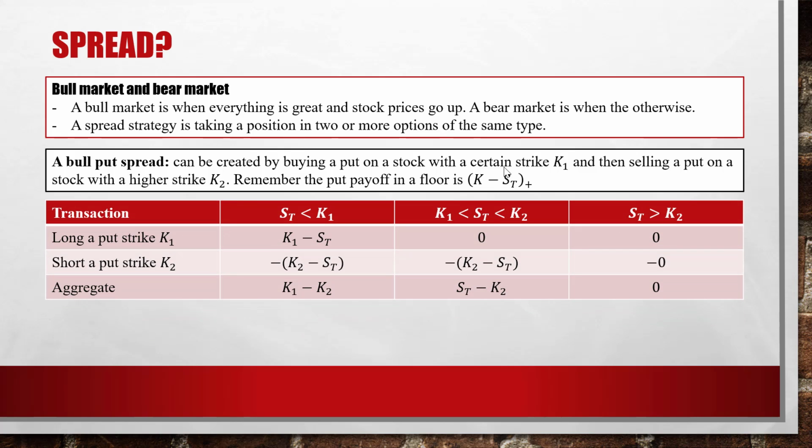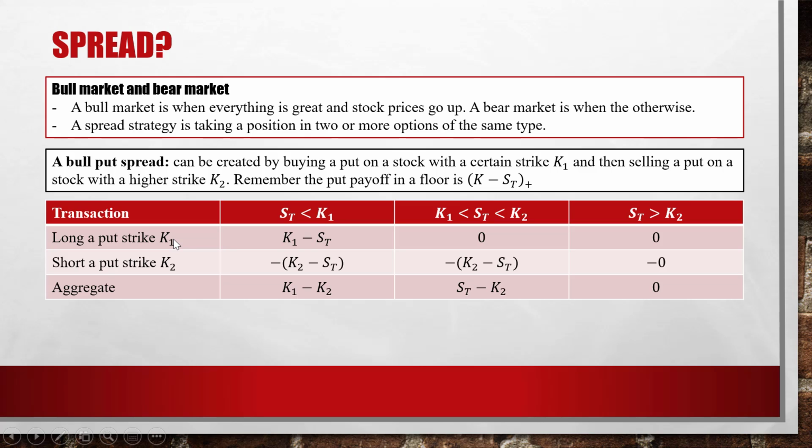So we also consider 3 separate cases. First, when the stock price is less than the first strike, then the stock price between the 2 strikes, and when the stock price is greater than the higher strike. We long a put with strike K1 and short a put with strike K2. So let's consider the first one, long a put with strike K1.